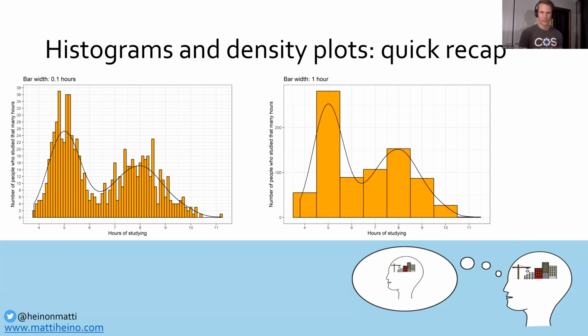So that was a histogram, and a density plot is something that basically shows the form of the data where there are many observations. In this case, this black line is a kernel density function, and it's sort of the same as the histogram, but with histograms you usually don't have this sort of form.